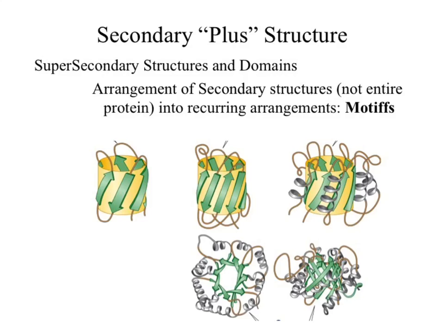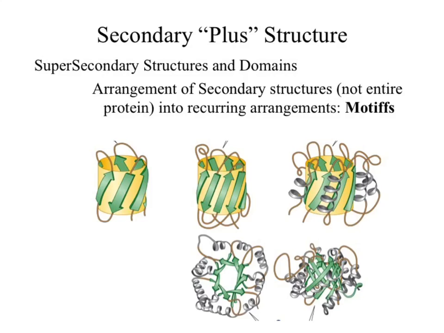Why? Because that particular pattern of having a beta barrel with alpha helices shows up in a bunch of different proteins. Because it shows up in X number of proteins, someone says, okay, we've got to call that secondary, not tertiary. So that's why it hovers in this secondary plus situation, because it hasn't quite made the transition all the way to officially being tertiary, and it's not very cleanly secondary.